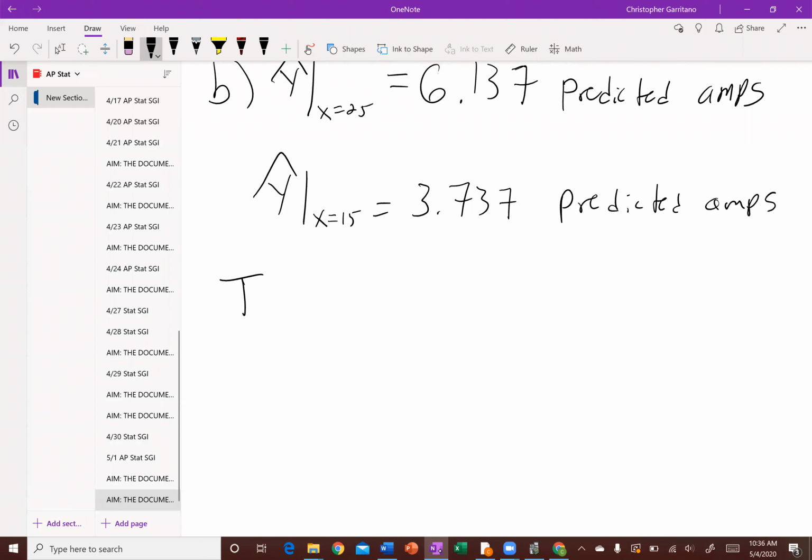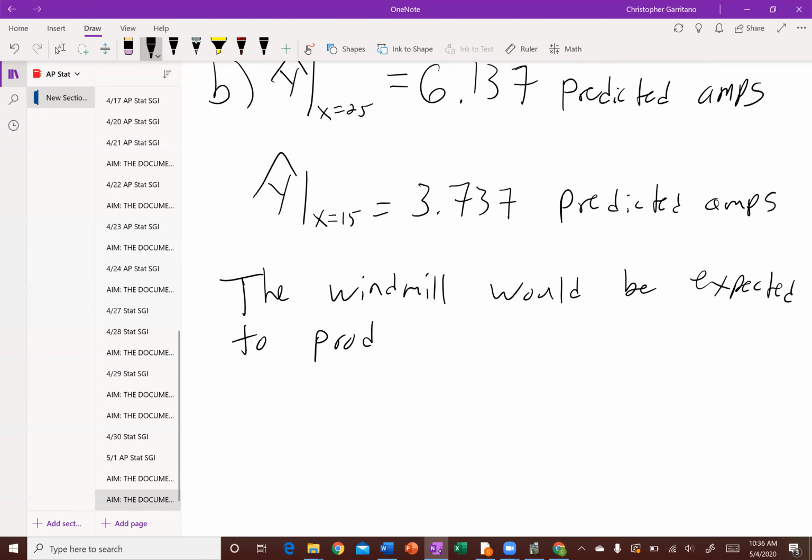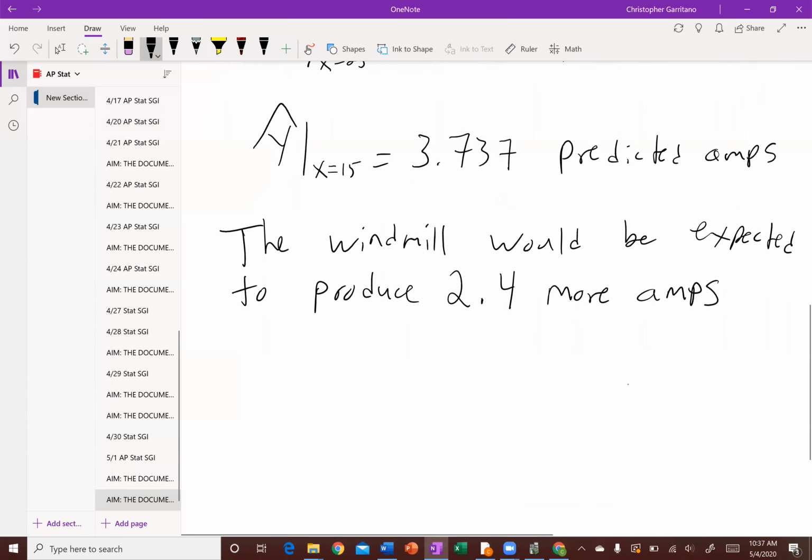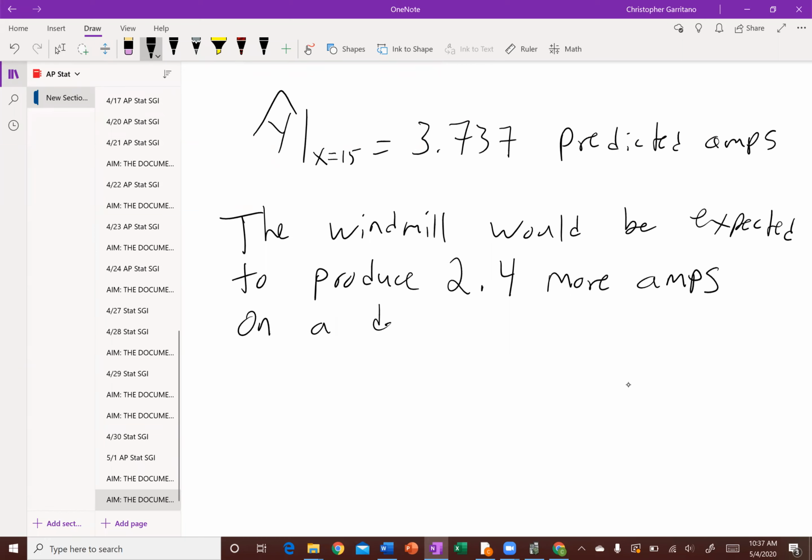So we would say that the windmill would be expected to produce 2.4 amps, or 2.4 more amps, on a day with 25 mile per hour winds versus 15 miles per hour. Okay, and there we have it.